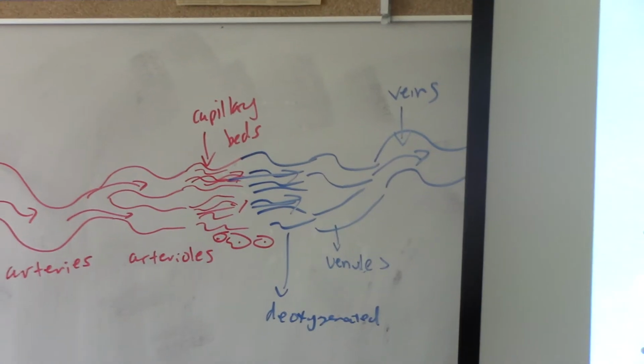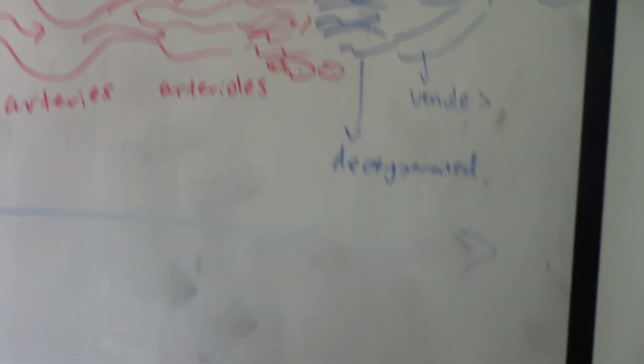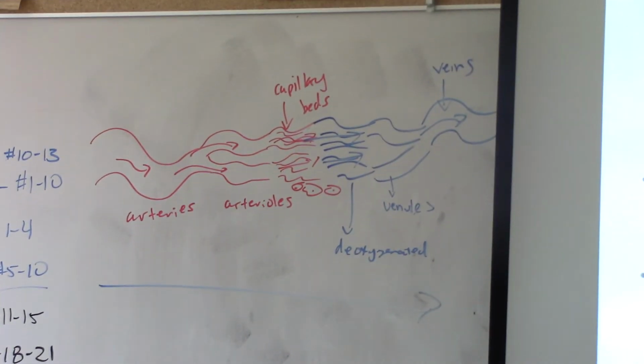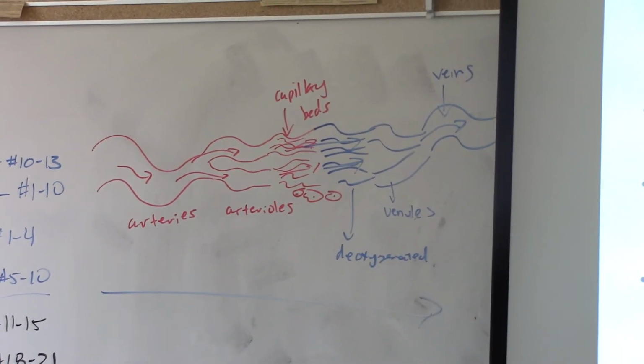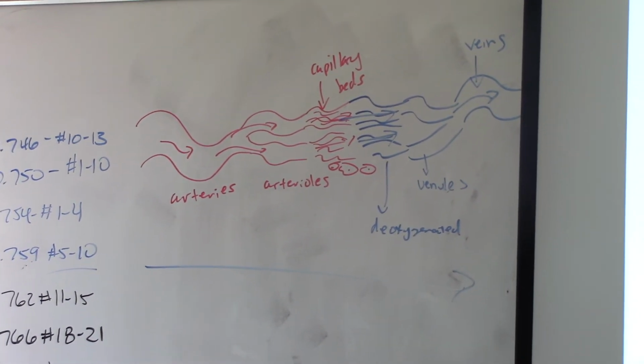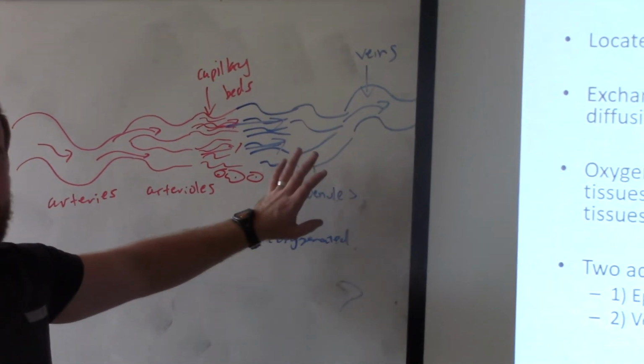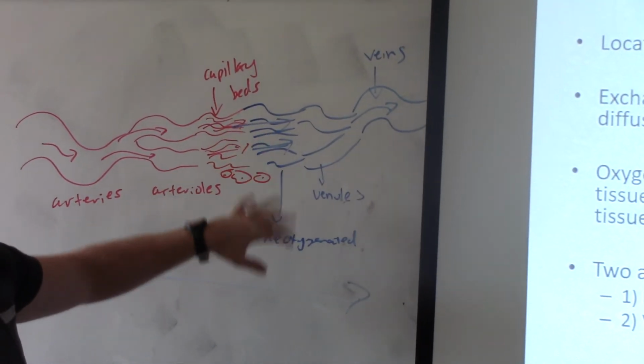And the biggest vein in the body is the vena cava. So blood flow always goes from artery to capillary to vein. All right? Or artery to arteriole to capillary to cells to venule to veins. And then it goes back to the heart via the veins. And then we go back to the lungs from the heart.